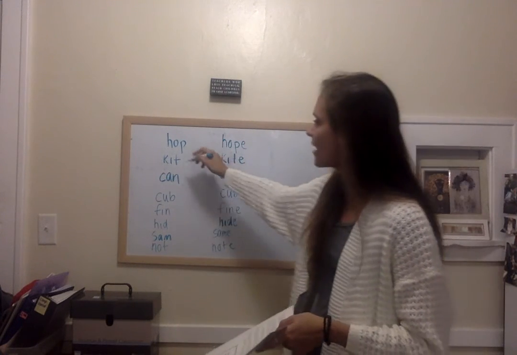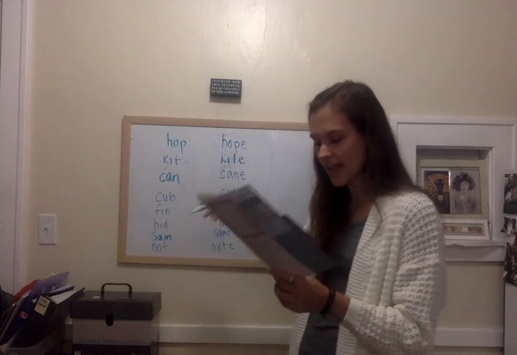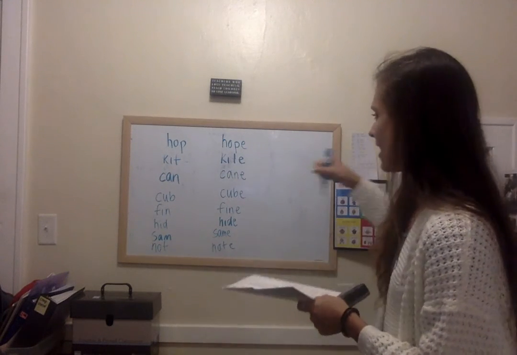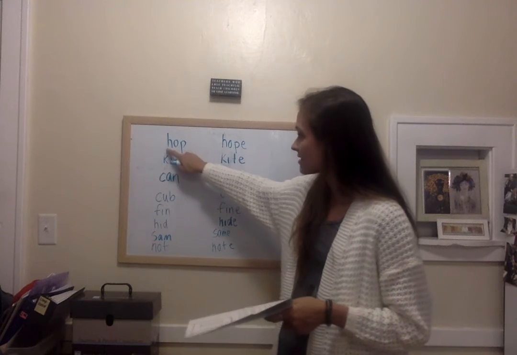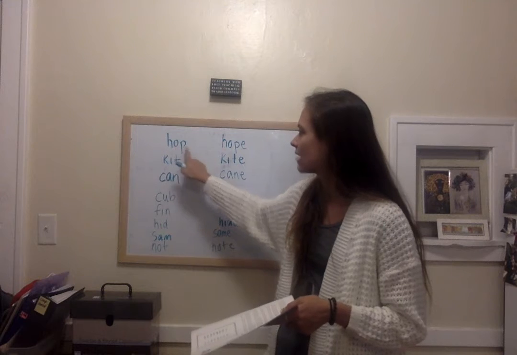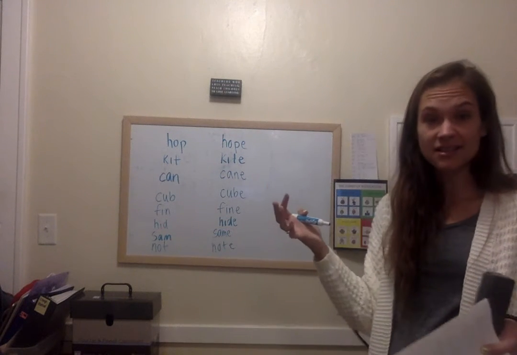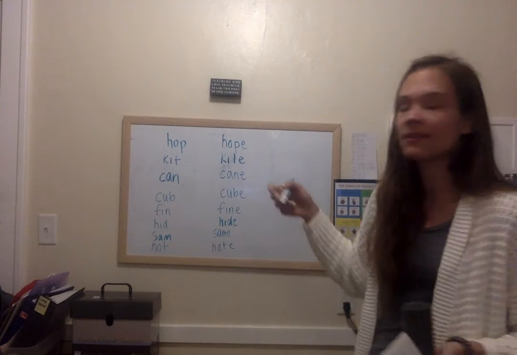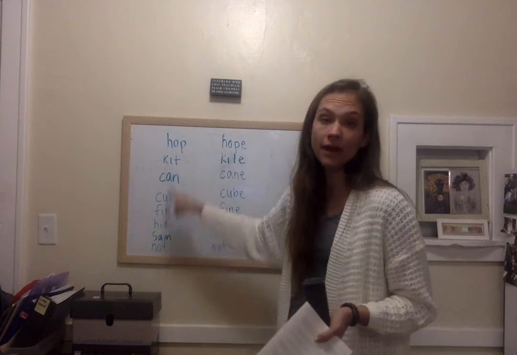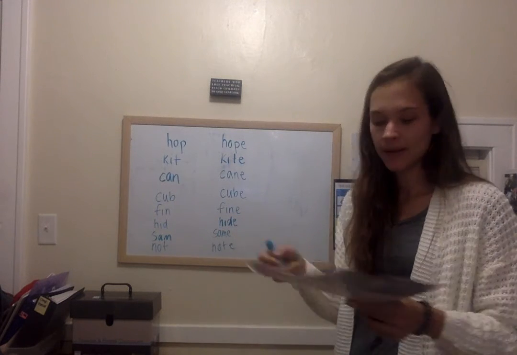These words all have a vowel in the middle of the word. They have a consonant at the beginning and a consonant at the end. So we have a consonant, vowel, consonant pattern. And the letters in the middle are all vowels, and they all make the short sound, right?